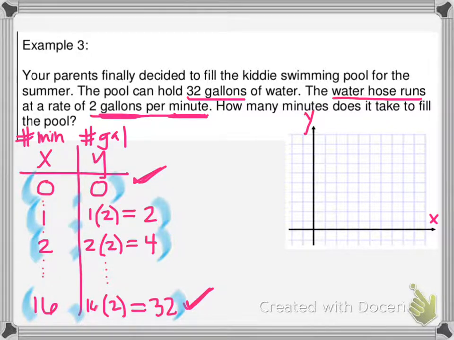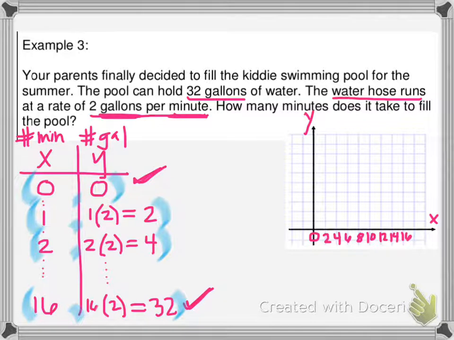Before we do that, though, we need to number our axes, our scale. So minutes need to go from 0 to 16. So I've got 0 here. Maybe we count by 2s: 2, 4, 6, 8, 10, 12, 14, and 16.